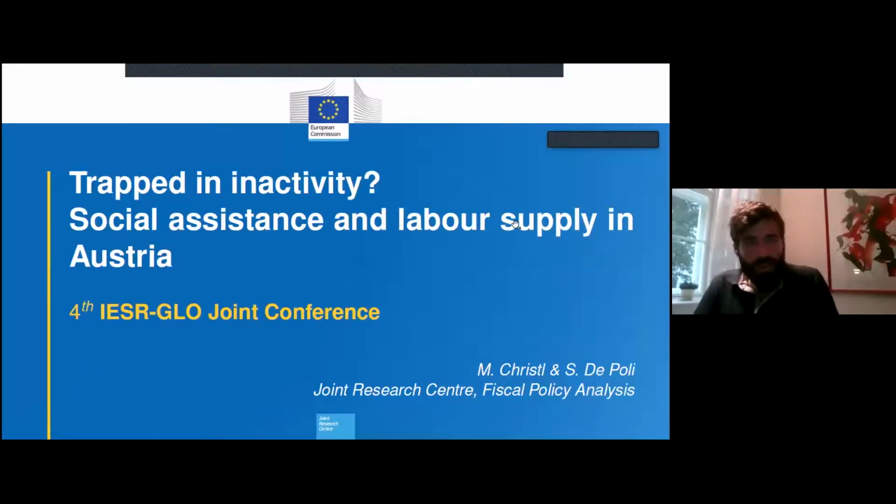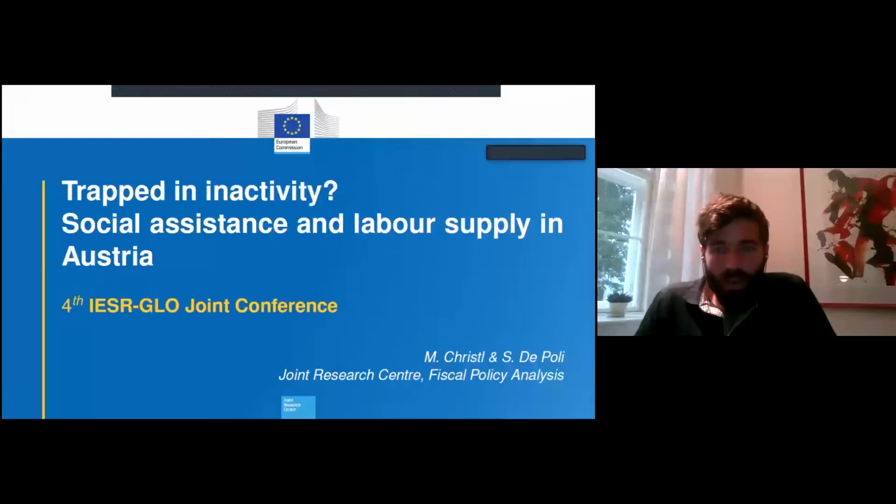First of all, thanks a lot for the invitation to present our research at the IESR-GLO Joint Conference. I will present joint work with my colleague Silvia De Poli from the Joint Research Center of the European Commission. We both work in fiscal policy analysis. What we typically do is look at different types of reforms of tax benefit systems and analyze them ex ante, so it might be a bit different from the presentations that you saw so far.